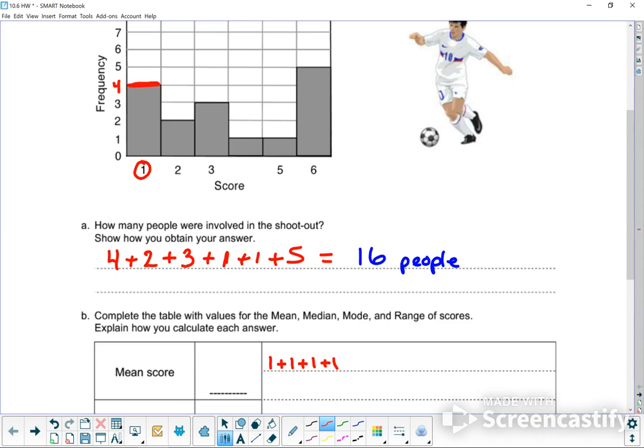So that's 1 plus 1 plus 1 plus another 1. Okay, so what else is there? 2, right? Okay, so let's look at that. How many people scored 2? Well, to score 2, we have only 2 people. So we have plus 2 plus 2.